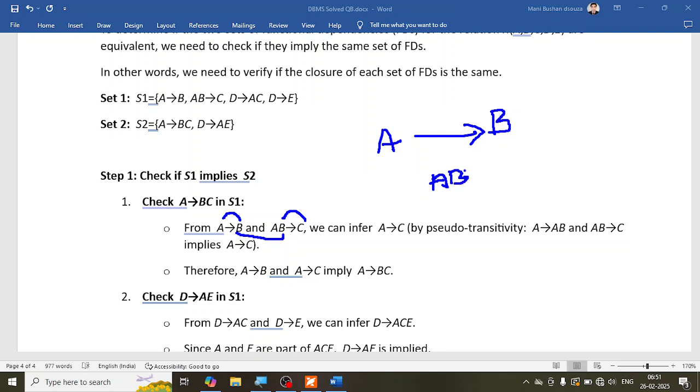And now I take AB, and I derive C. So using AB, I can derive C.